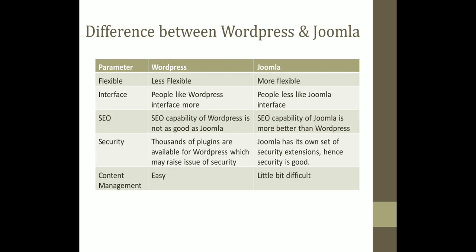Then security: about thousands of plugins are available for WordPress, which may raise issues of security because WordPress provides so many plugins for the ease of people who are making a site with the help of WordPress, whereas Joomla has its own set of security extensions, and hence the security is much better as compared to WordPress.